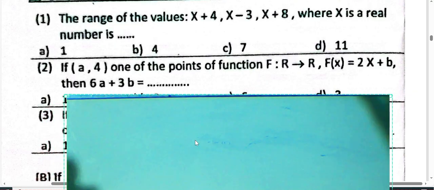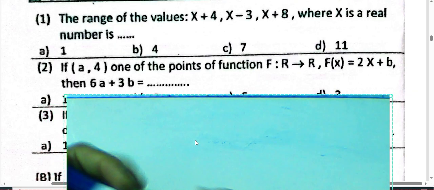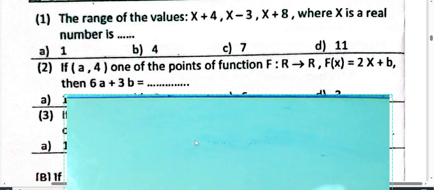Next question. Number 2: if (a, 4) is one of the points of the function f such that f of x equals 2x plus b, then 6a plus 3b equals what? We have a point belonging to this straight line. Belonging to the straight line means this point satisfies the function f.